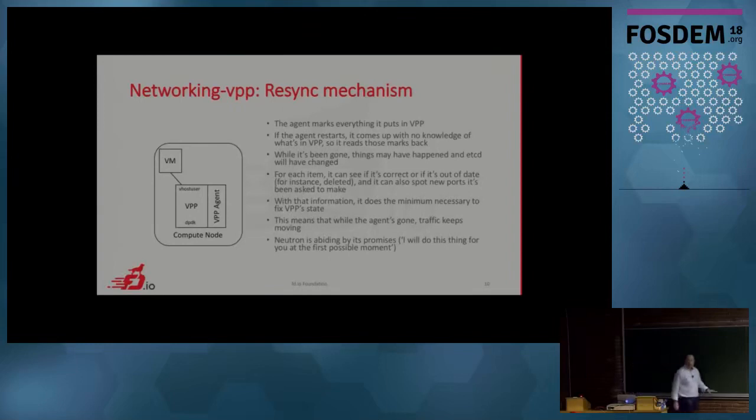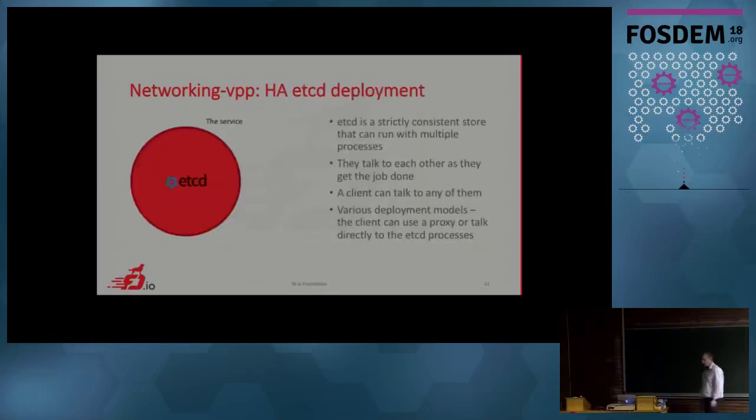If for some reason the agent crashes, when it restarts it will do what we call state reconciliation. What that means is every object within VPP comes with a unique ID. When we restart, this agent will fetch the state from etcd, fetch the states from VPP, and do a diff between those, remove states which are useless now and include new states which are required.